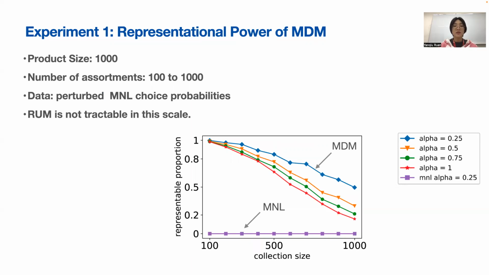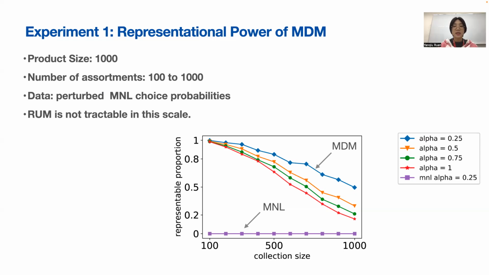We test the fraction of instances that can be represented by MDM, while the control parameter alpha is the fraction of choice probabilities being perturbed from MNL. Different cases of perturbation are tested, that is 25%, 50%, 75%, and 100%.